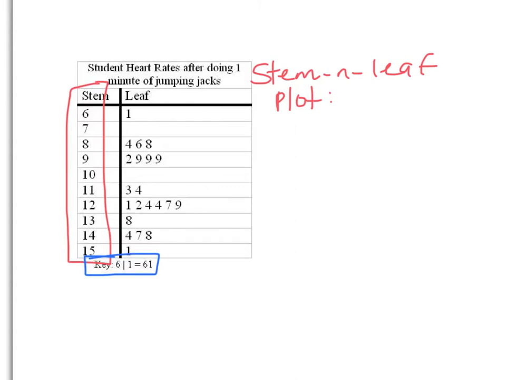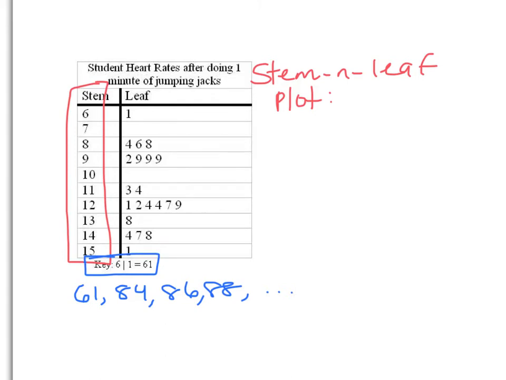So I know my data coming from this, I'm not going to list them all, but I know that some student had a heart rate of 61. Another one, 7 doesn't have anything, so there's no heart rates that were in the 70s. Another student had an 84. Another student had an 86, an 88, and so on. There was a 92, and 3 99s.